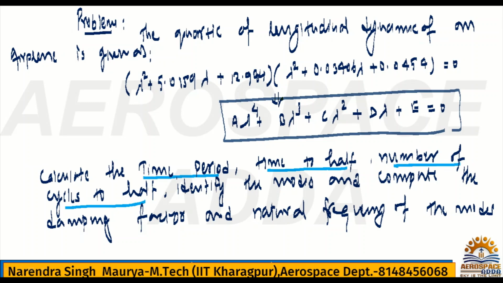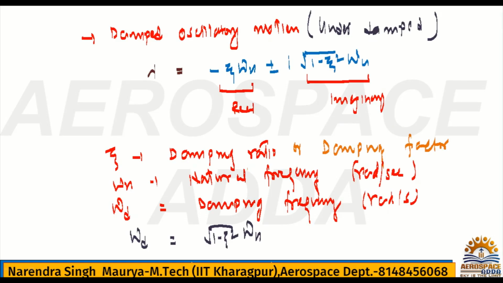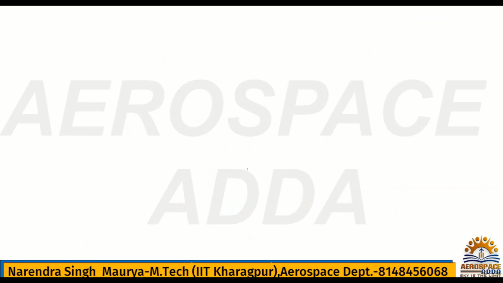We have calculated the damping factor, or damping ratio, and natural frequency for the short period mode. Now we are going to calculate time period, time to half, and number of cycles back to back for short period oscillation.